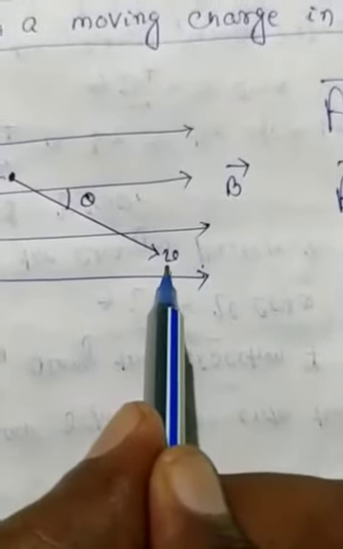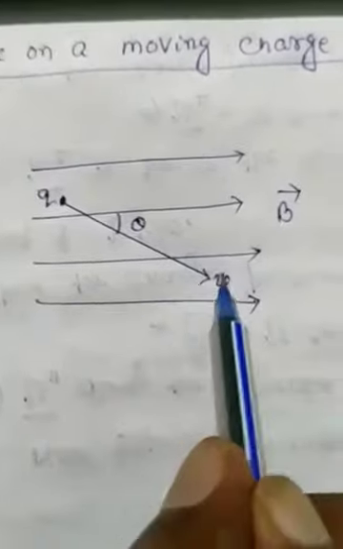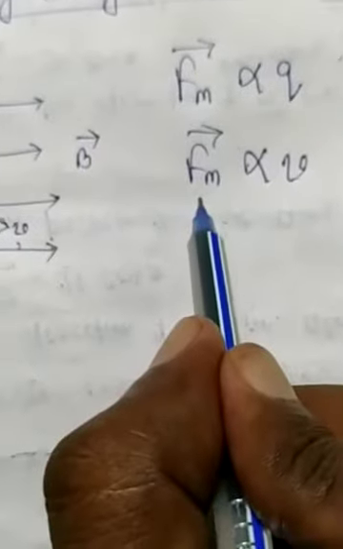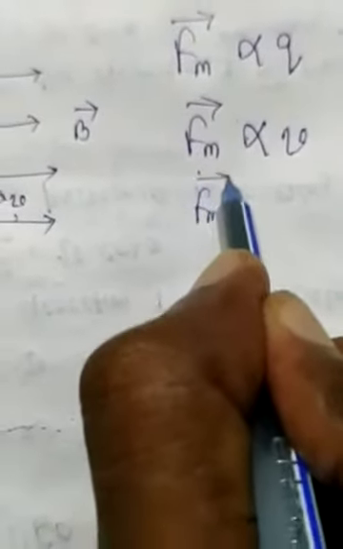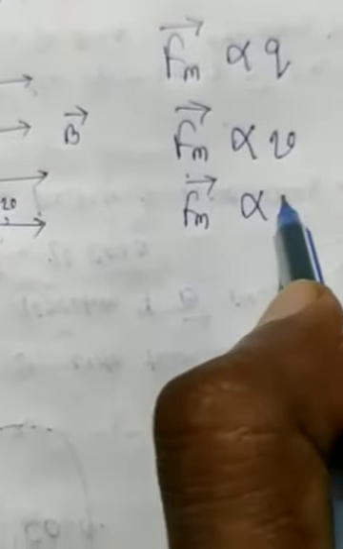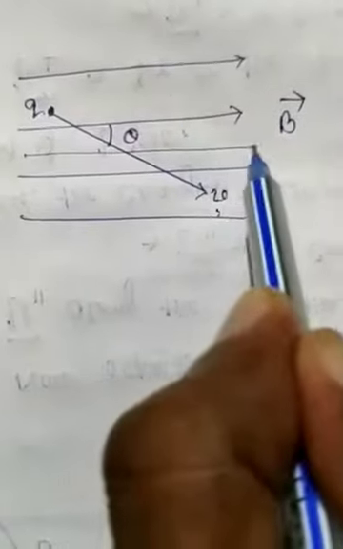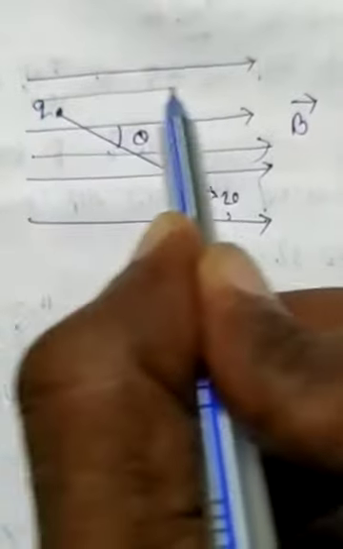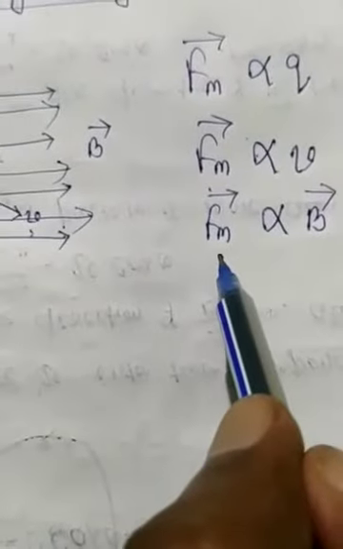If the velocity of the charged particle is more, it gives more magnetic force. And this magnetic force is directly proportional to the strength of the magnetic field B. If the strength is maximum, meaning when the lines are very close to each other, the field will be maximum. Then automatically the magnetic force is maximum.